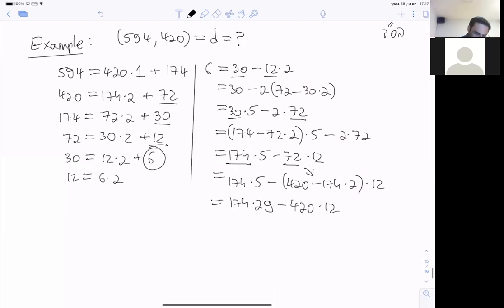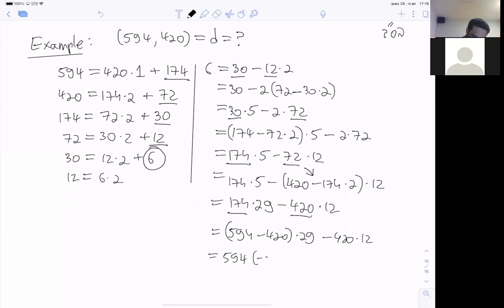Now instead of 174, we write 594 minus 420.